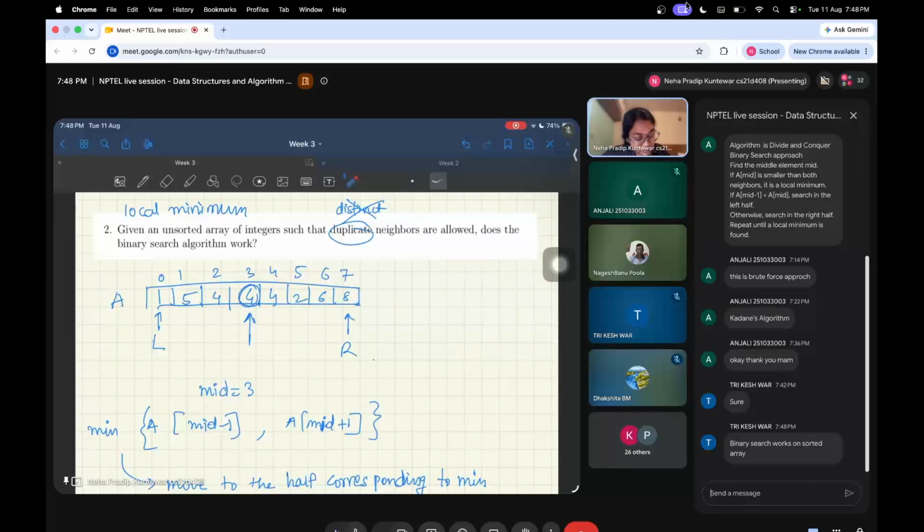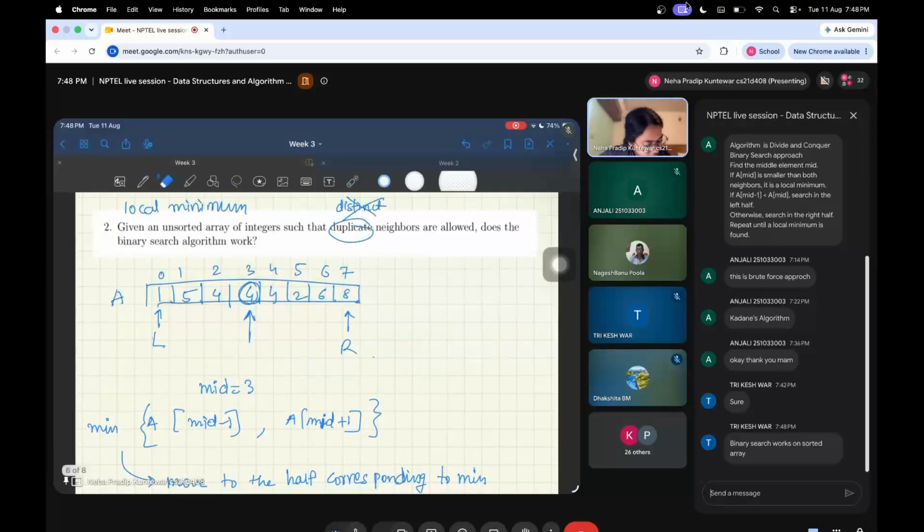This example is slightly worse. Let's say this is just increasing. Now you won't be able to find a local minima.